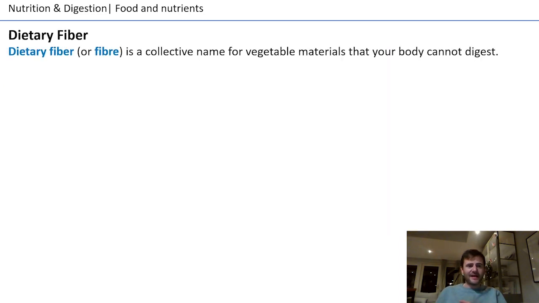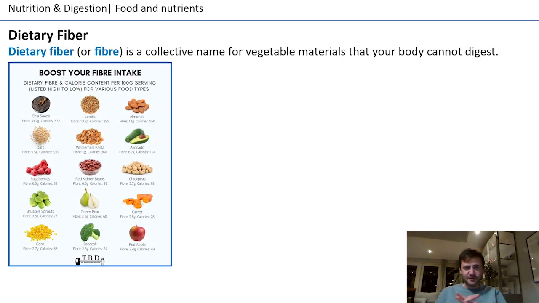Now, finally, dietary fiber. It's a collective name for vegetable materials that your body cannot digest, and they are part of the carbohydrate group. So fibers are plant-based components that your body can't break down or use, and they are excreted again.